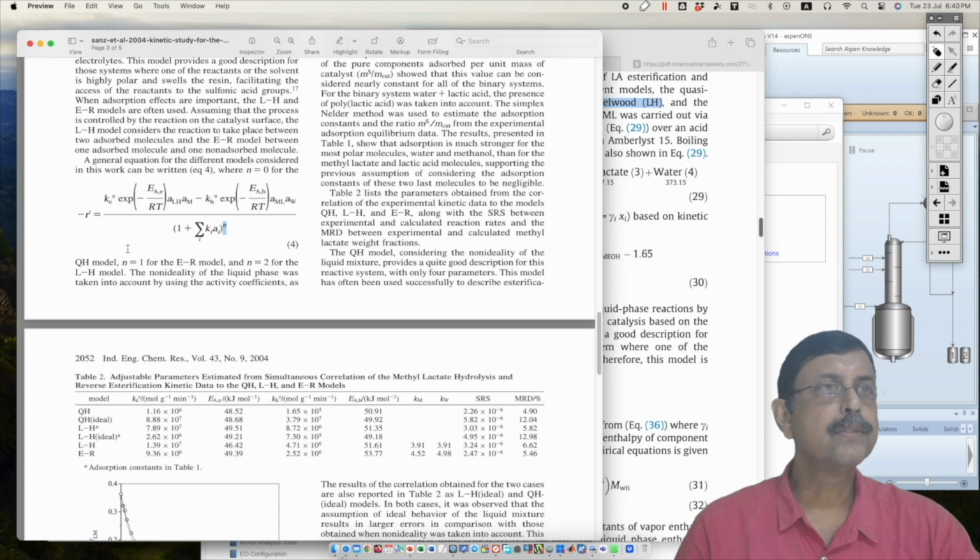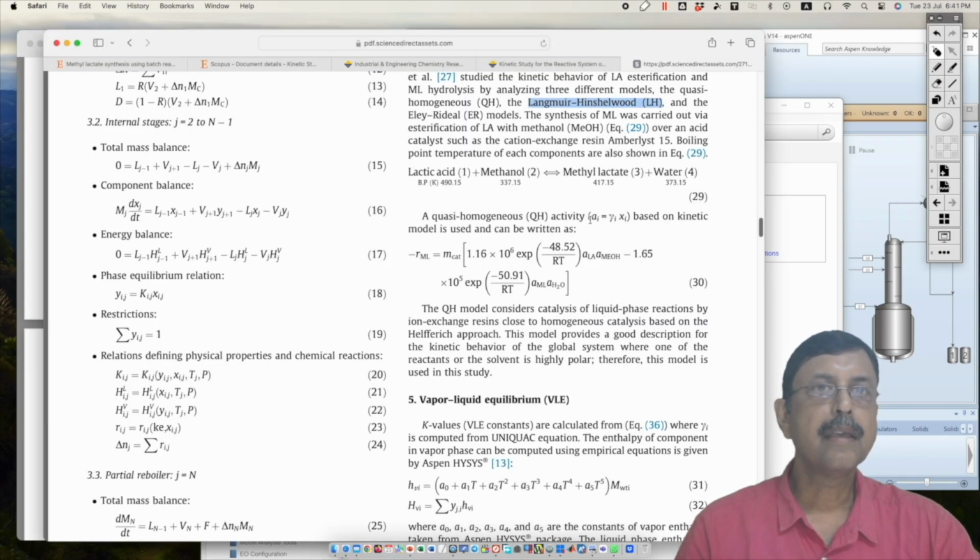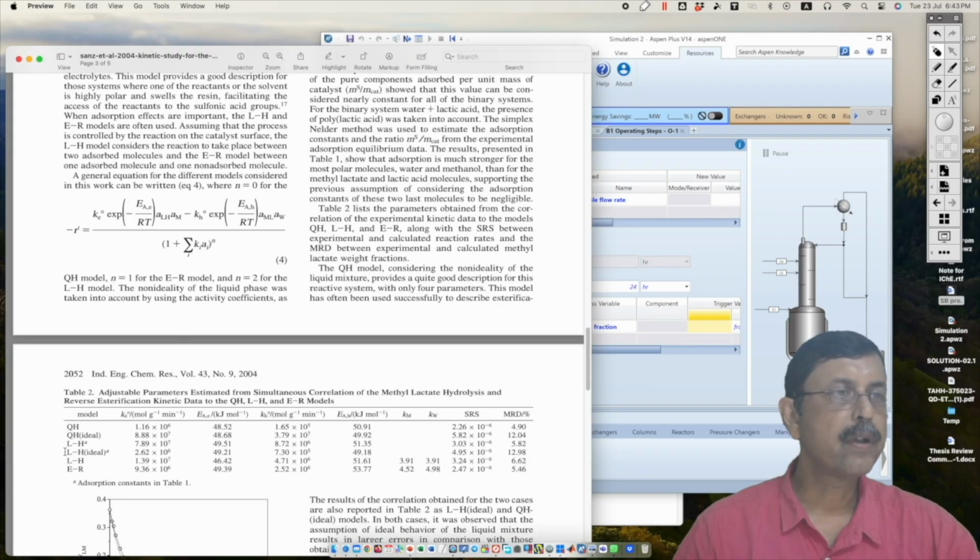Okay, so other things are given over here, that is K naught exp(-E/RT) times the activity terms. Now A is activity over here. Okay, so for the LHHW equation we shall use this one.